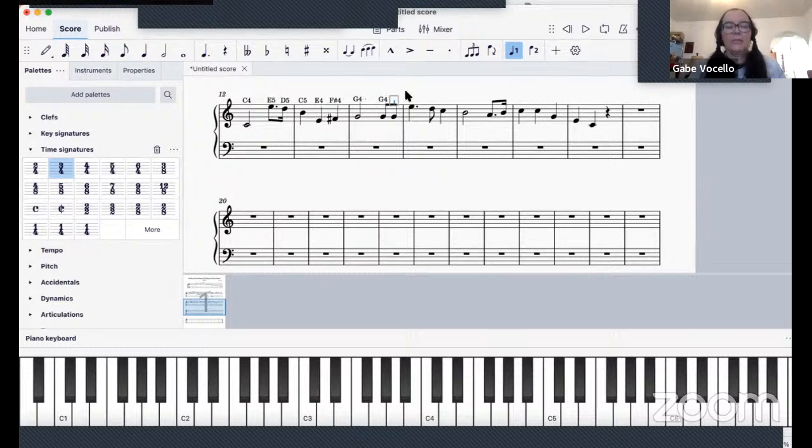G4, second line, G4, E5, D5, C5, B4, A4, B4, C5. Second line is the line of the treble clef, so it's G4, E4, and C4.